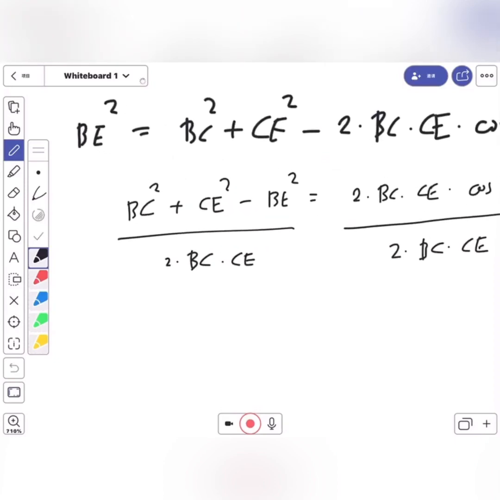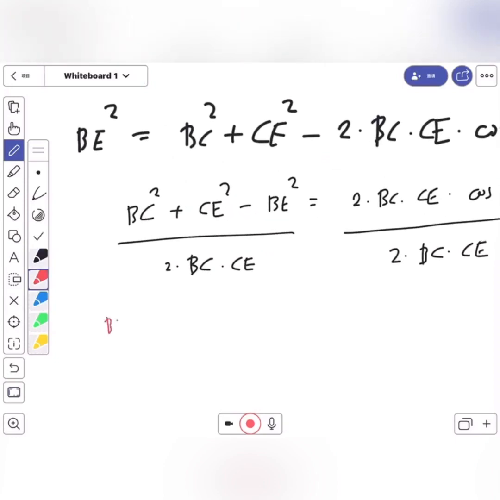Then we get that cosine of C equals BC squared plus CE squared minus BE squared over 2 times BC times CE.